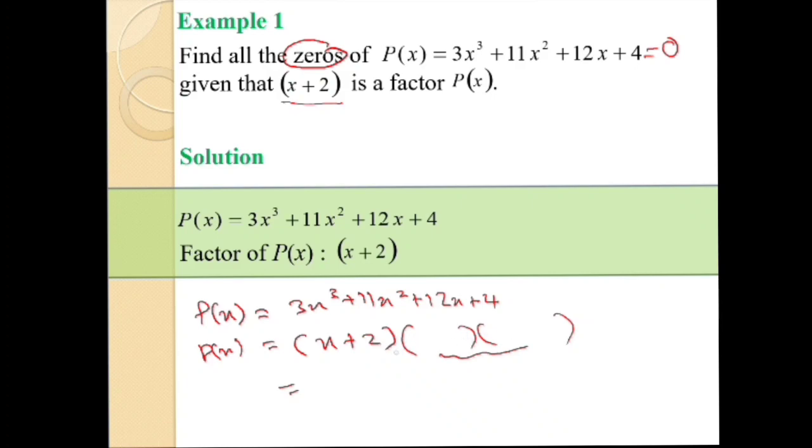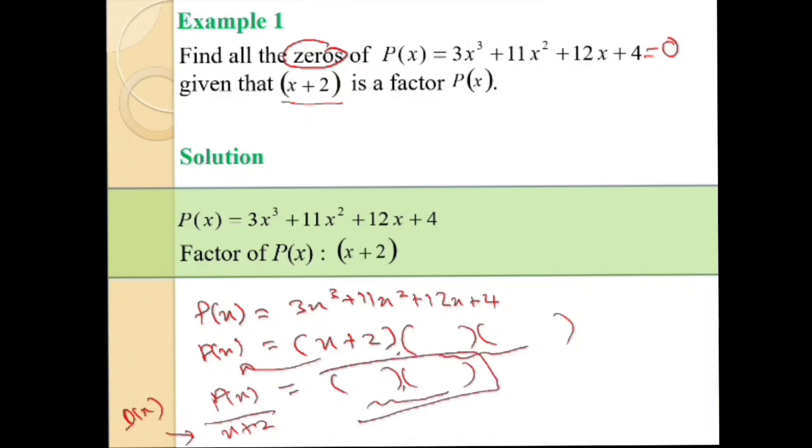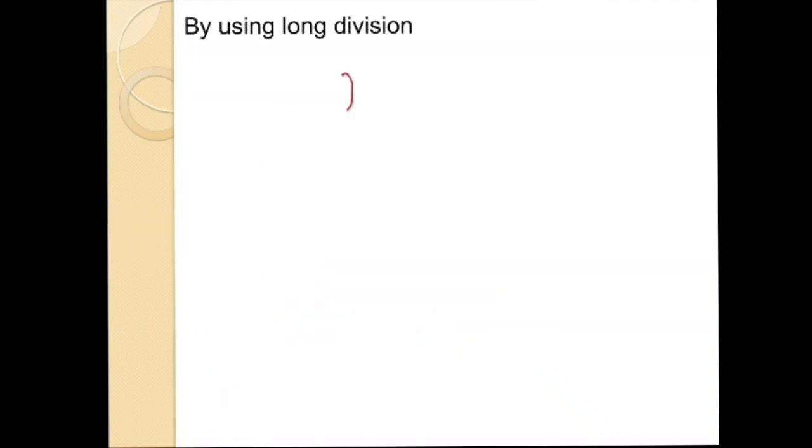Since these two factors are multiplied with this x plus 2 factor, just leave the ones that we want to find on the right side and bring this to the left side. So as you can see, we have to divide p(x) with x plus 2. That's why x plus 2 becomes our divisor to find our next two factors. You have learned this in tutorials: to factorize completely, you have to divide with one of the factors.